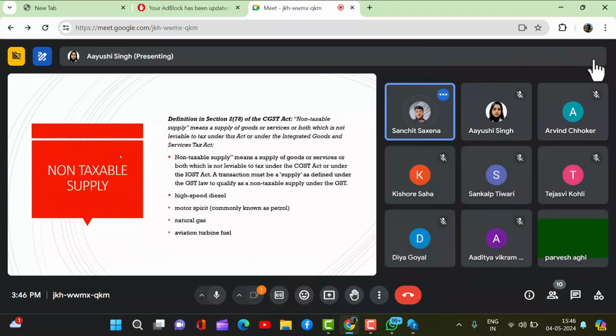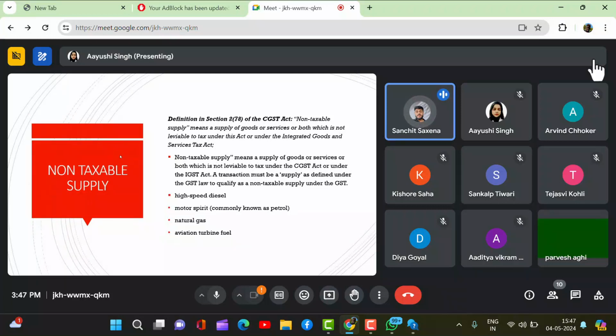Next slide. So what is a non-taxable supply? Non-taxable supply means a supply of goods or services or both which is not leviable to tax under this Act or under the IGST Act. A transaction must be a supply as defined under the GST law to qualify as a non-taxable supply.